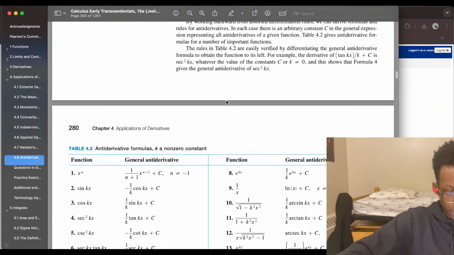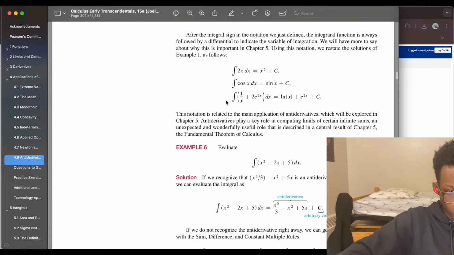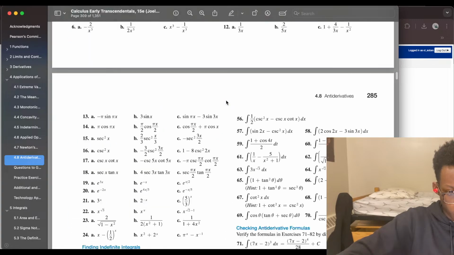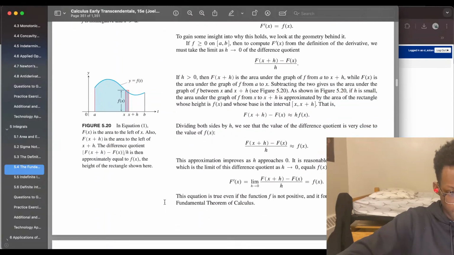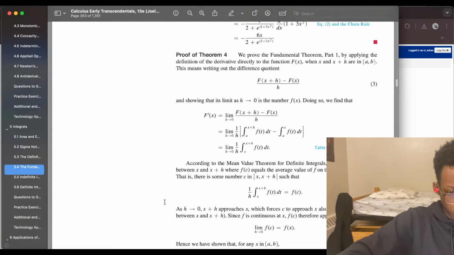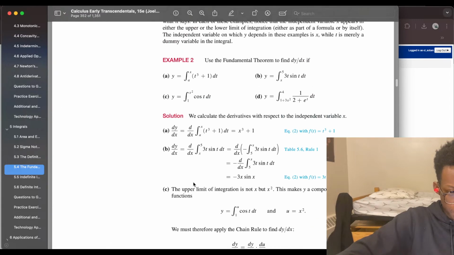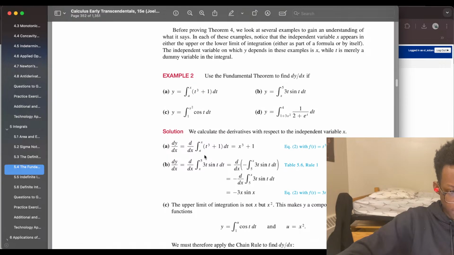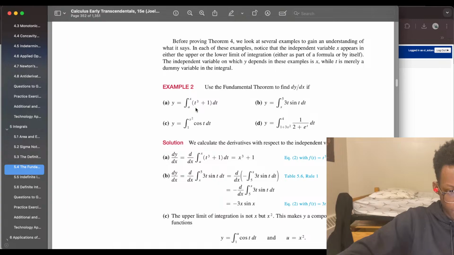So when you go over to the fundamental theorem, for A, you have XA. That could help us here.